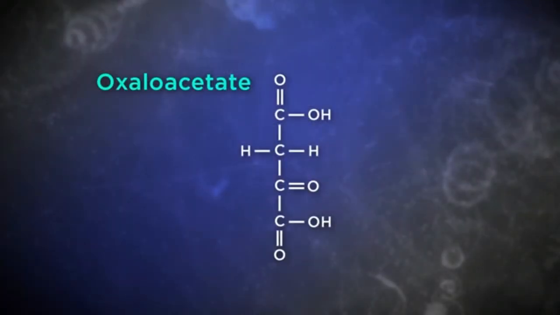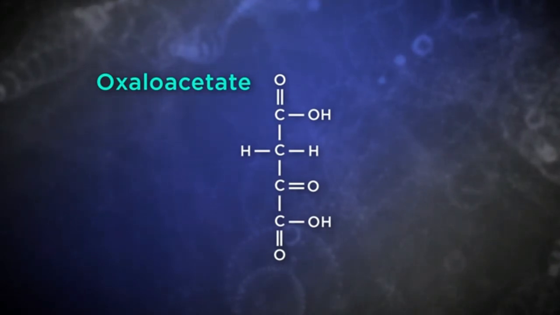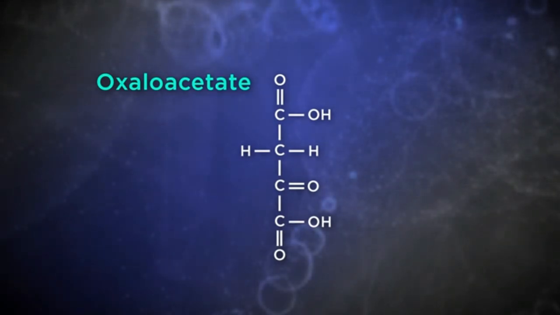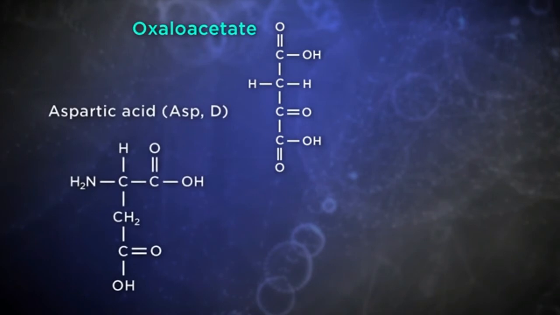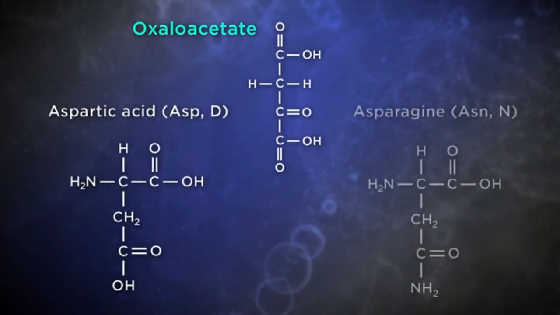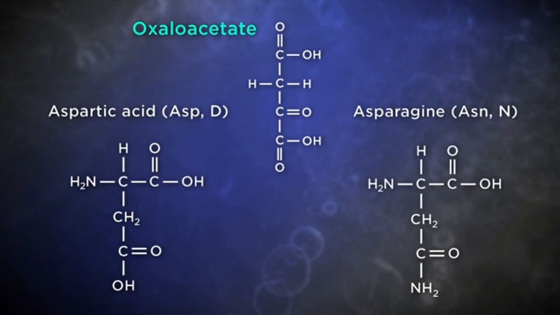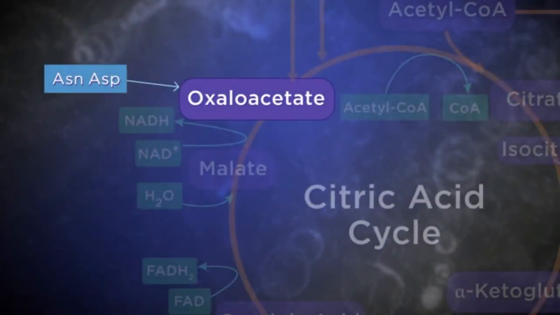It is an intermediate in glucose synthesis. It's also used to easily mop up an excess amine group to become the amino acid aspartate, or 2 amino groups to become asparagine. In the reverse reactions, breakdown of those amino acids can give rise to oxaloacetate, providing entry points for 2 more amino acids.